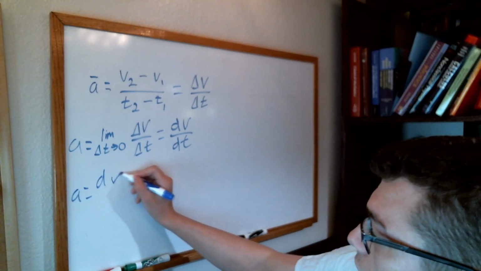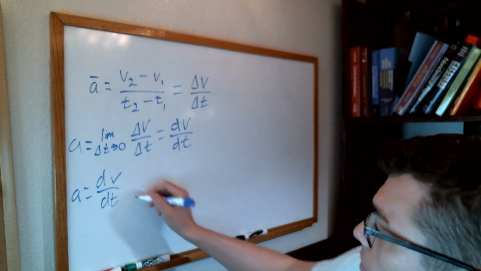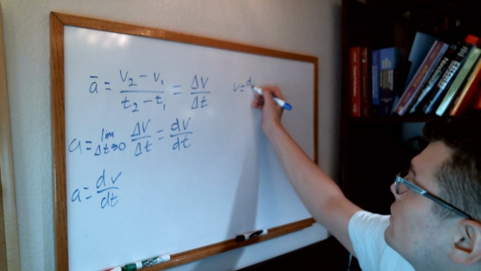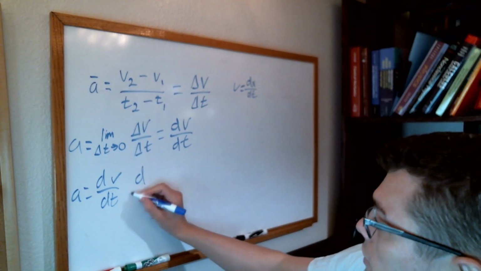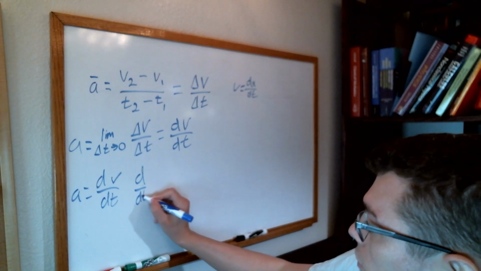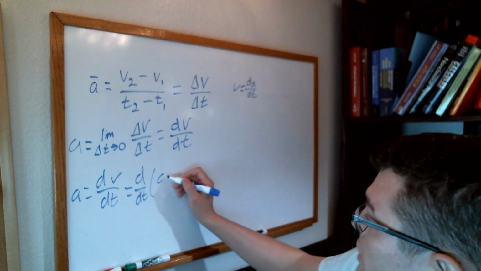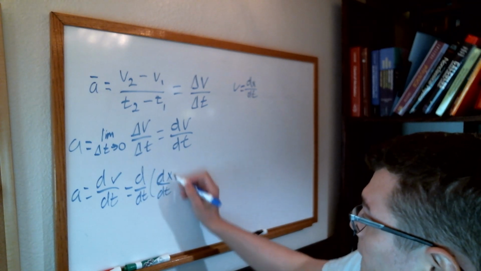So then we have dv dt here, right? And then we can plug in what v is. Now remember, v is just dx dt. And so then we can have this derivative on the outside, and dx dt on the inside here.